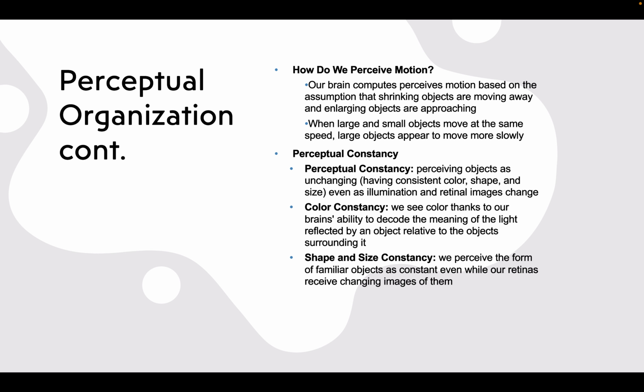Perceptual constancy is perceiving objects as unchanging, such as having a consistent color, shape, and size, even as illumination and retinal images change. An example of this is color constancy. We see color thanks to our brain's ability to decode the meaning of the light reflected by an object relative to the object surrounding it.